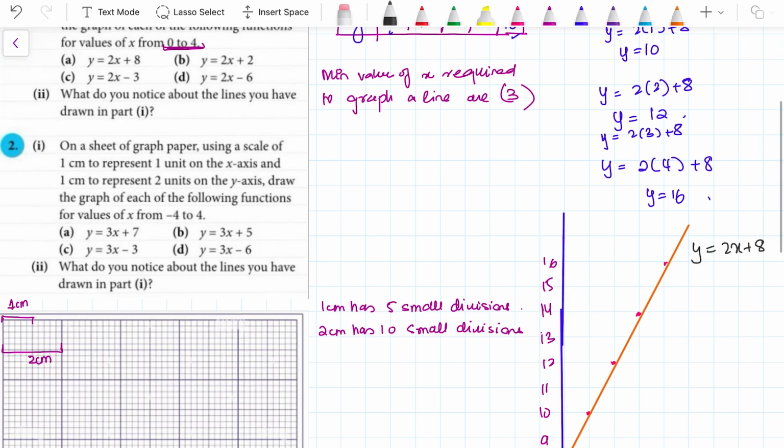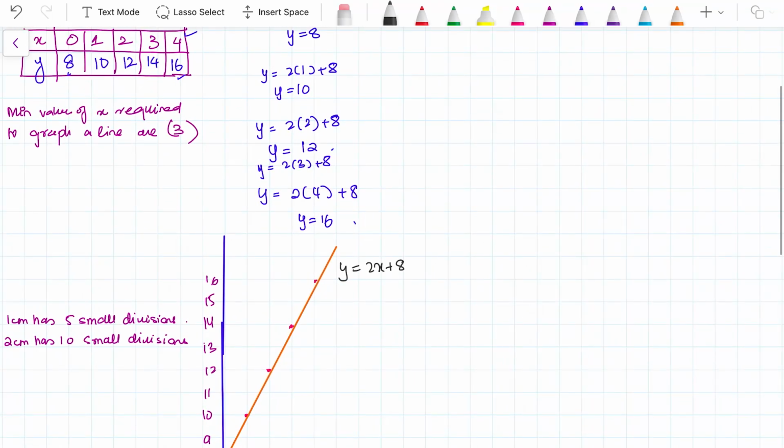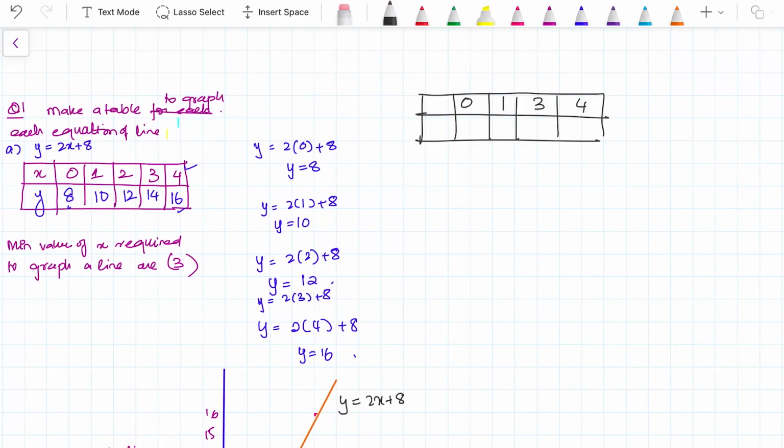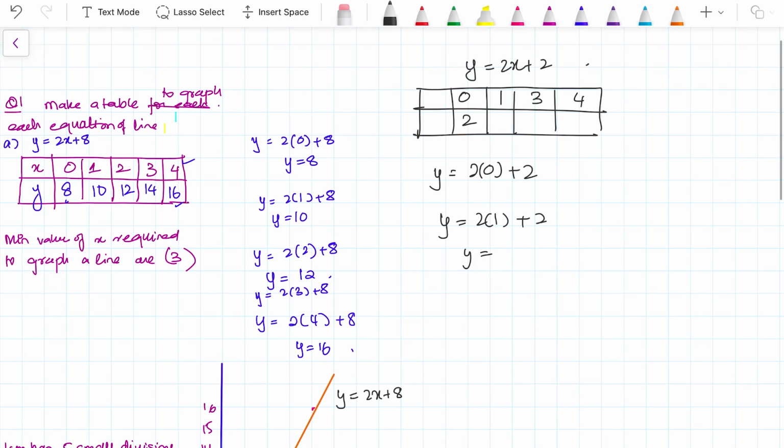y equals 2x plus 2. Make the table again. It says values from 0 to 4, so you can pick any 3 or 4 values. Now I'm substituting the values of x.